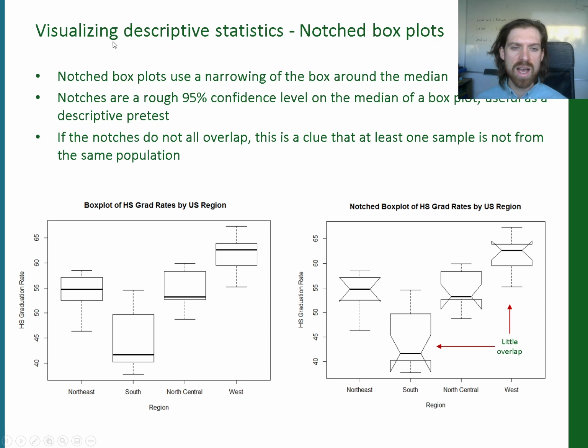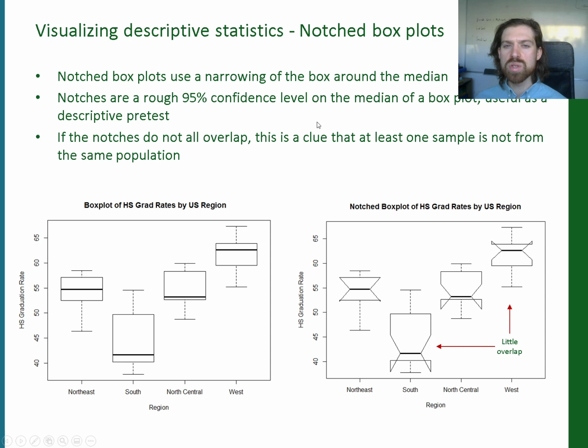But essentially, as you can see here, the notched box plot uses a narrowing of the box around the median. So can you see how this box narrows in the very center of this shape just here, representing the median line, so this thick black line here. And these notches are roughly equivalent to 95% confidence intervals.